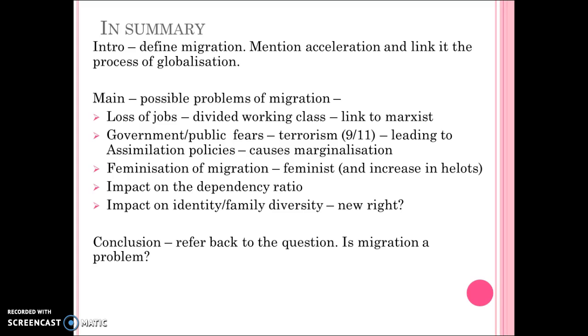And it benefits the bourgeoisie if the working class are squabbling among themselves, diverting their attention away from the true nature of capitalism, which is the bourgeoisie who are really exploiting them. Migrants are used by the bourgeoisie to divert the working class proletariat's attention away from the real cause of oppression, which is the bourgeoisie.